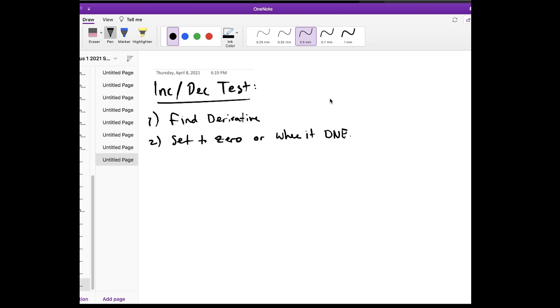By the way, what are these numbers, where the derivative is equal to 0 or where the derivative does not exist? What are those numbers called?